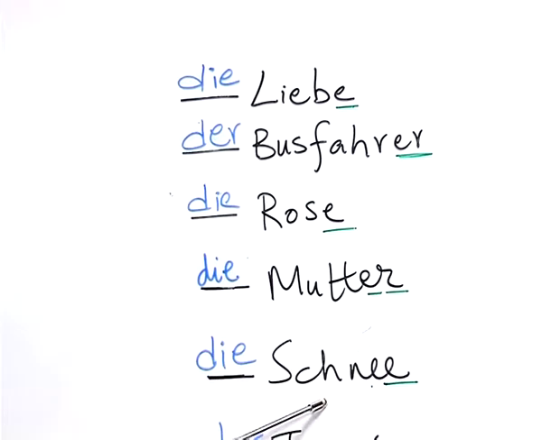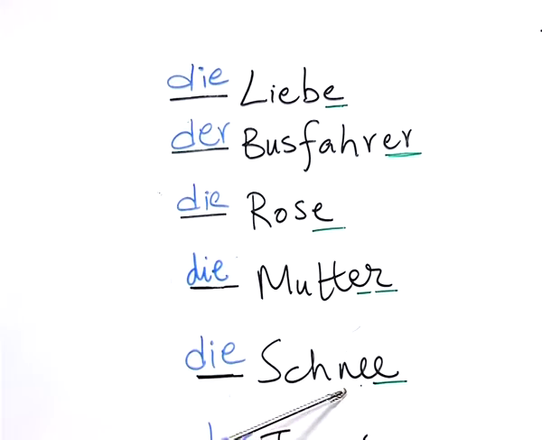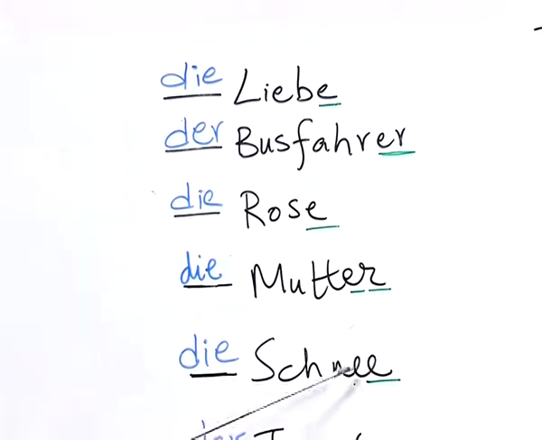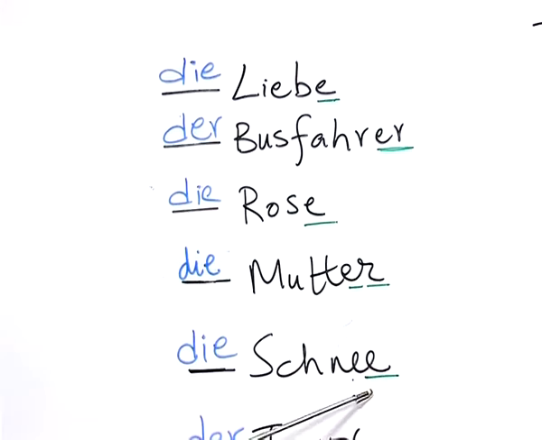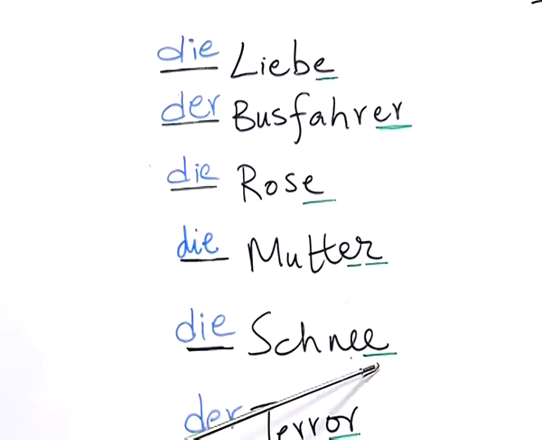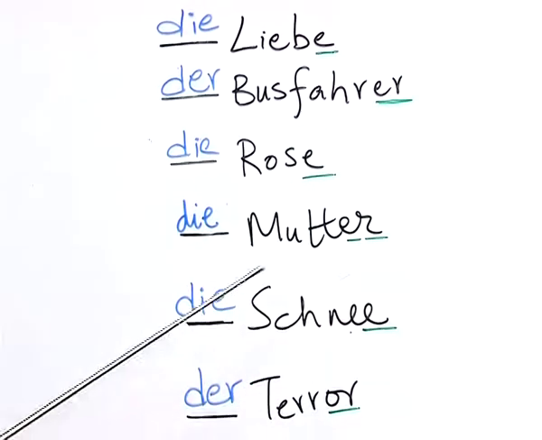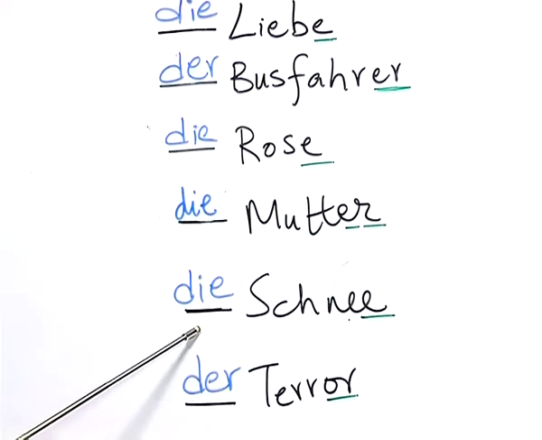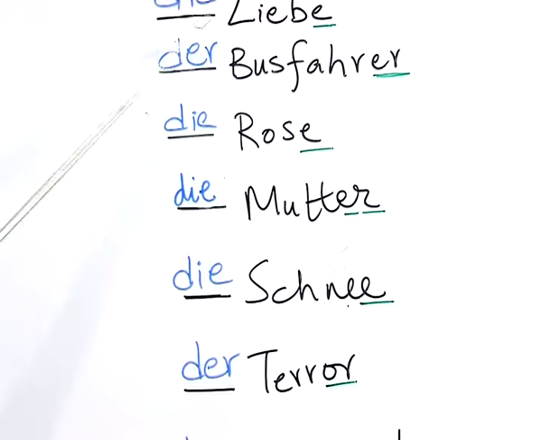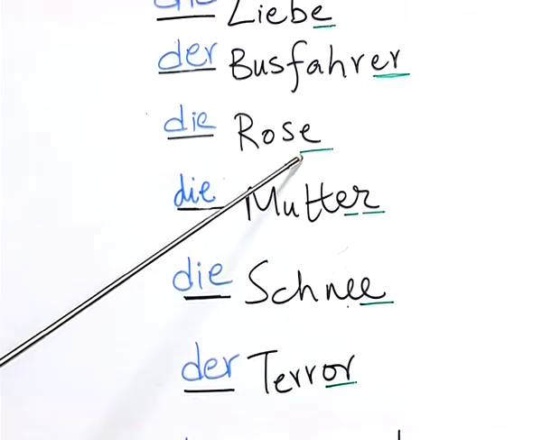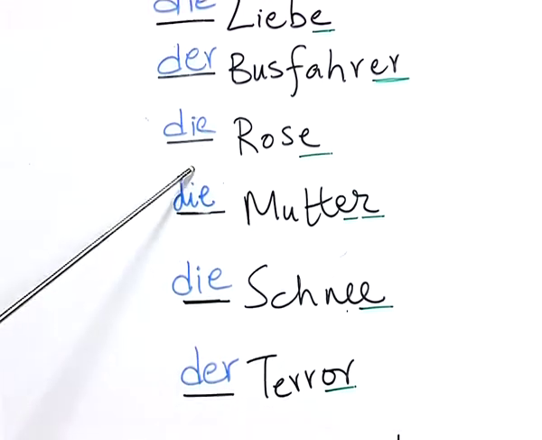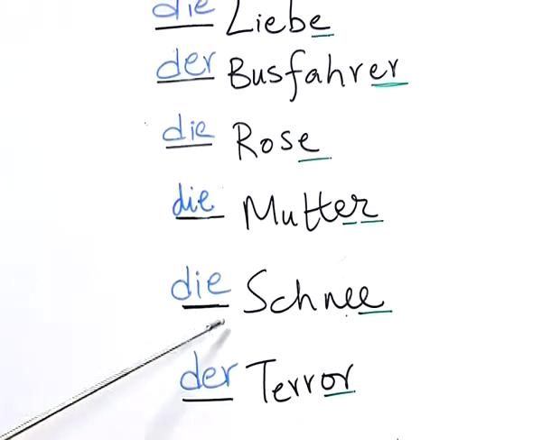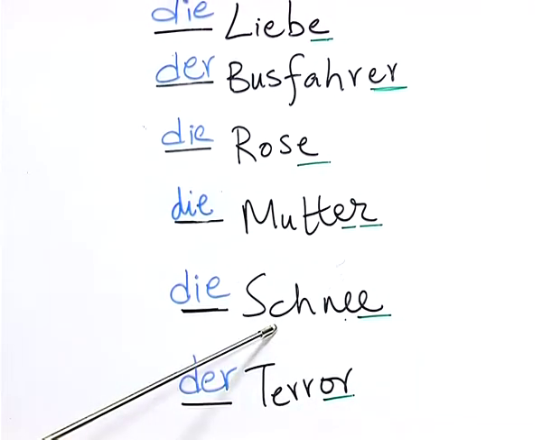Let us look at this noun, Schnee, which means snow, and you will look at the ending and say yes, it is -e. So the article is right, die, because in the previous examples Liebe and Rose, the ending was -e, so the correct article was die. So the same rule applies here.